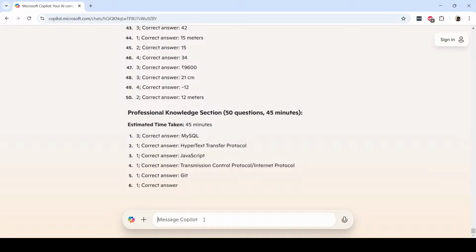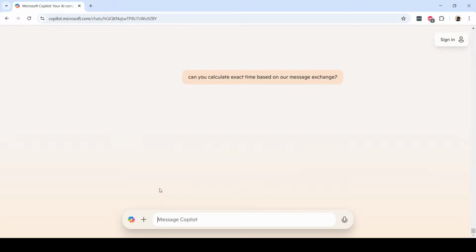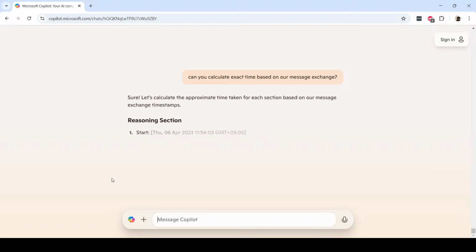Okay, so can you calculate the exact time based on our message exchange? Sure.